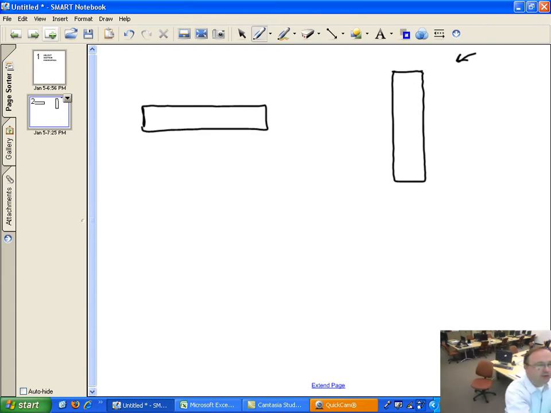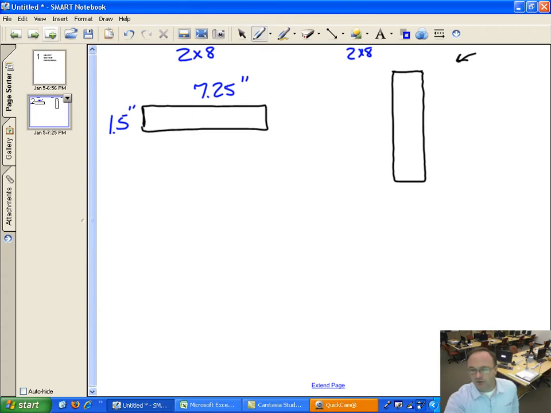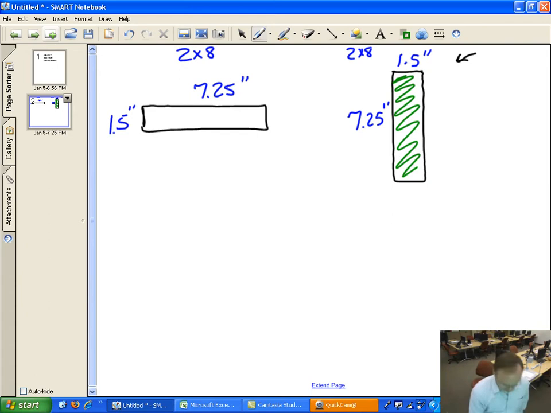Well, they're both 2x8s, which means they have actual dimensions of 1.5 inches by 7.25 inches. But why do we orient them up and down versus laying them flat? We get a lot more headroom that way.